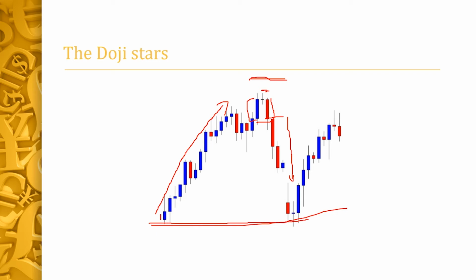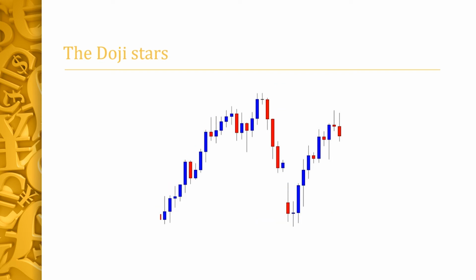We had this support to lean on, and then we got a candle that opened and closed above the Doji Star and above the previous candle also, and then we got some correction to the downside and a trend reversal. Okay, that was the Doji Stars.